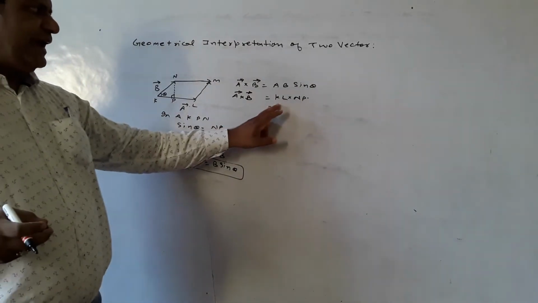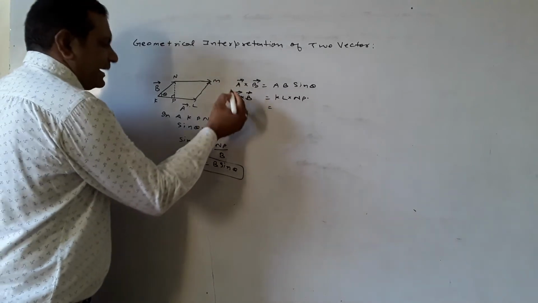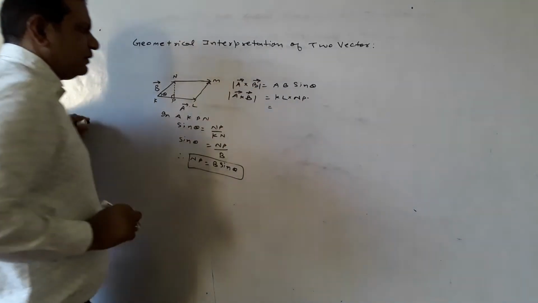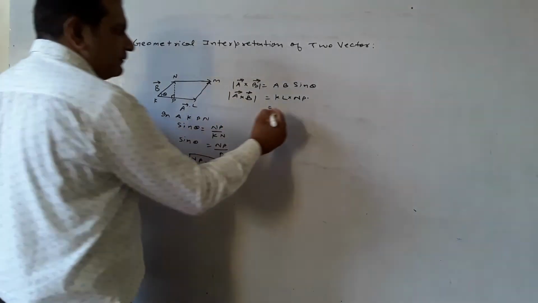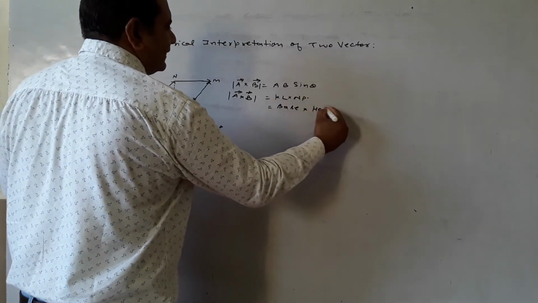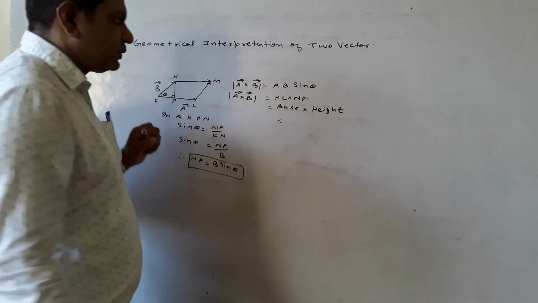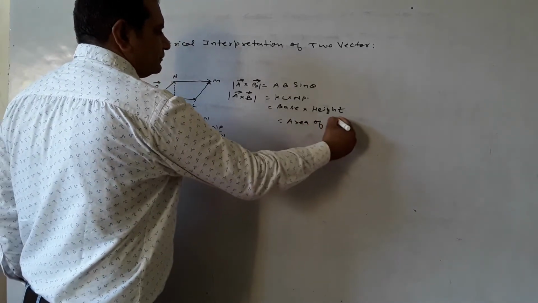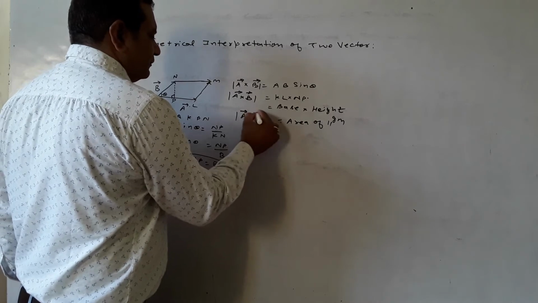So KL cross NP. Here, if we take the magnitude of this vector, mod A cross B is KL into NP, where KL is the base and NP is the height. Base into height is the area of the parallelogram, so mod A cross B is the area of the parallelogram.